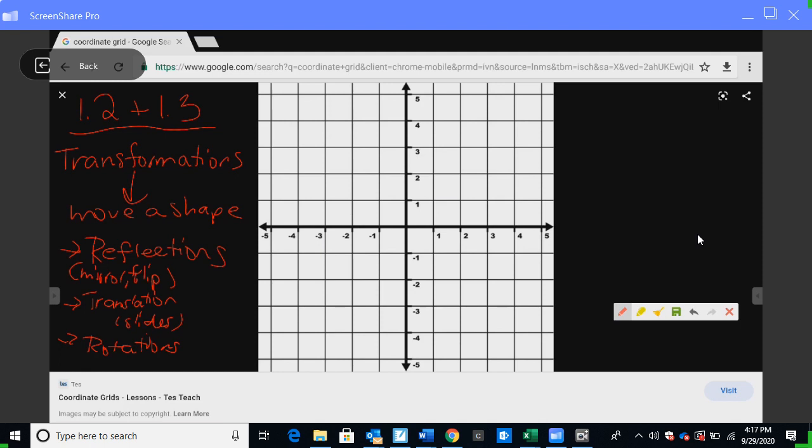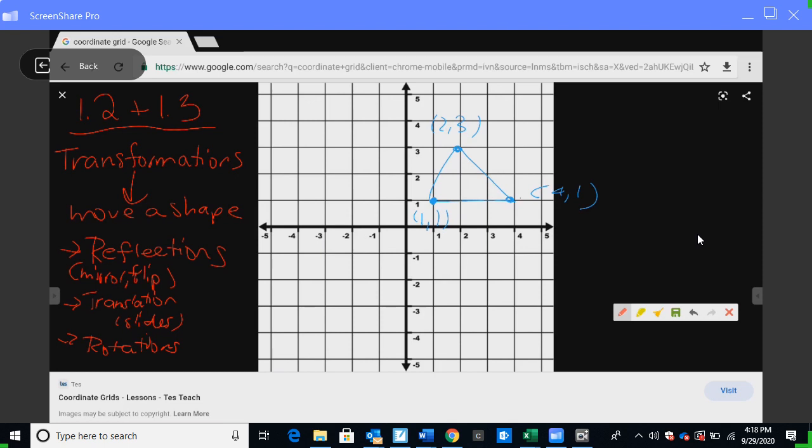So for example, I'm going to have a shape. I'm going to start at 1, 1, then I'm going to be at 2, 3, and then I'm going to be at 4, 1. Remembering that the x coordinate goes first and the y coordinate goes second, I'm going to connect these points here. Now, there's two different lines we can reflect on.